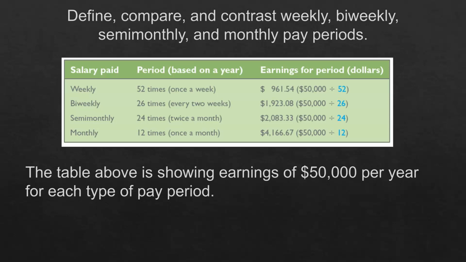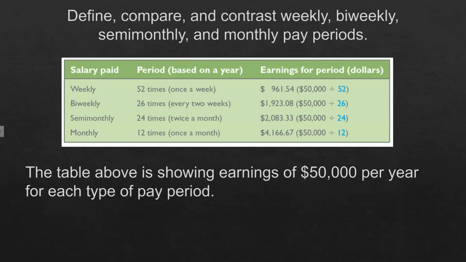Now we have to talk about some different pay periods, because there are all kinds of different pay periods. You can be paid weekly, bi-weekly, semi-monthly, or monthly. And so you can see how you would figure out how much you're making per pay period if you knew the earnings for the year, or whatever it is you might be looking at.